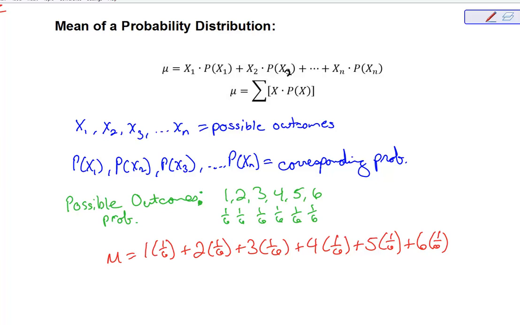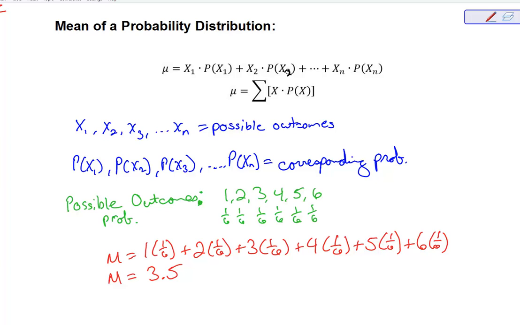So then I multiply these out, and I get that the mean is 3.5. So 3 and 5/10.